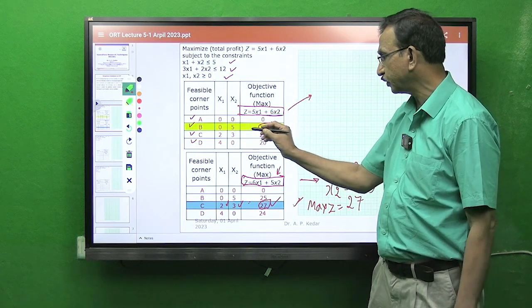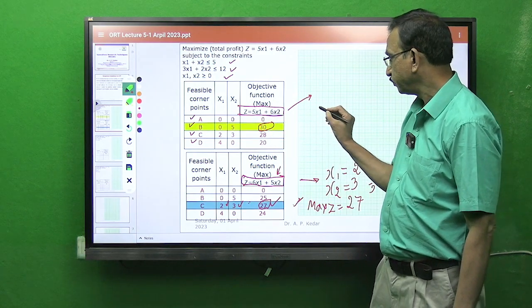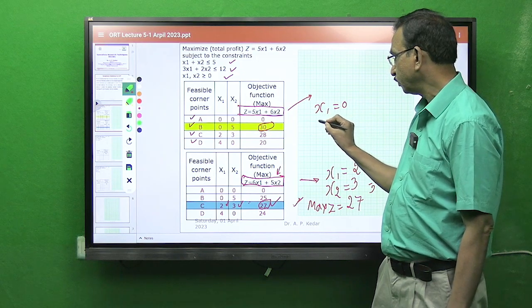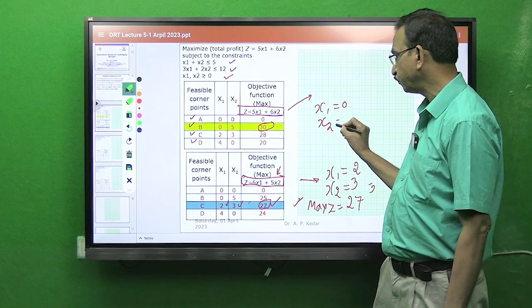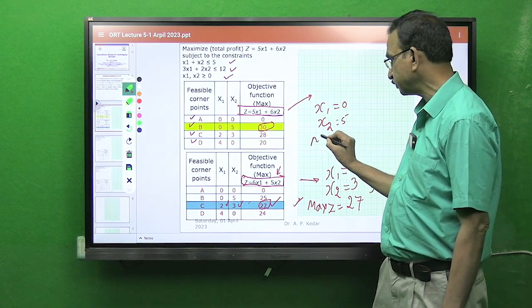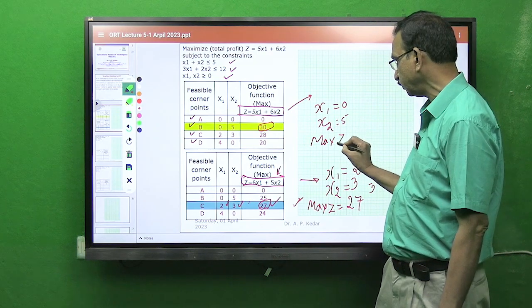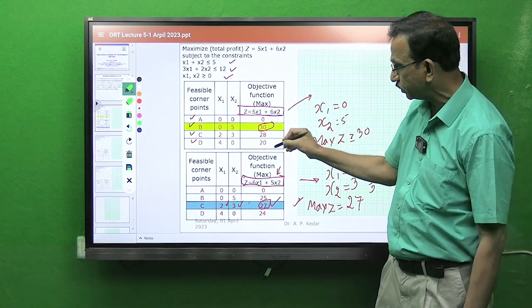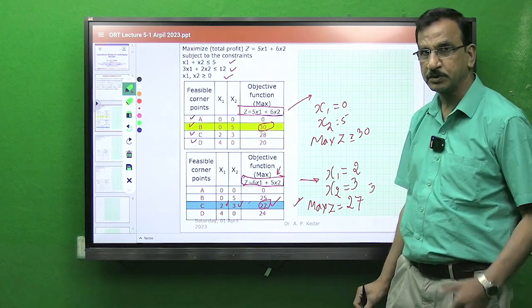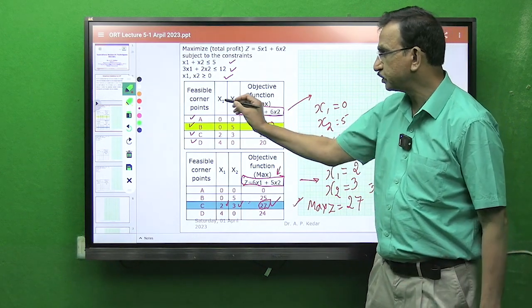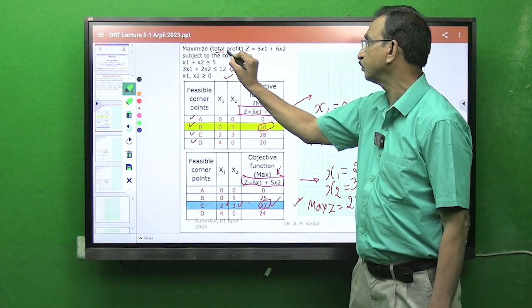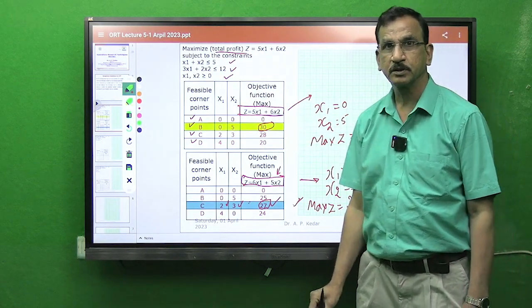Here we can find that we produce x1 equal to 0 and x2 equal to 5 to get a maximum z of 30. So ultimately what we have to find from the values which we are getting from the feasible corner points is which is the maximum value if our objective function is maximize z.